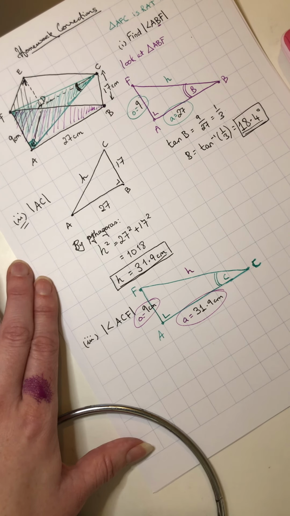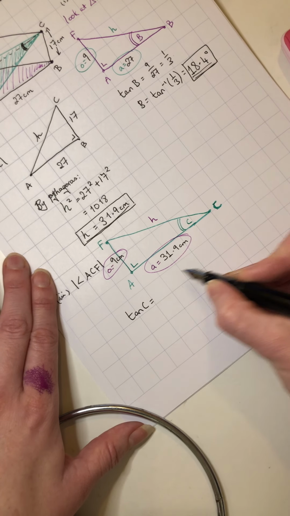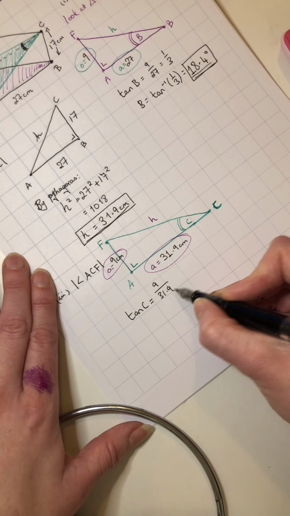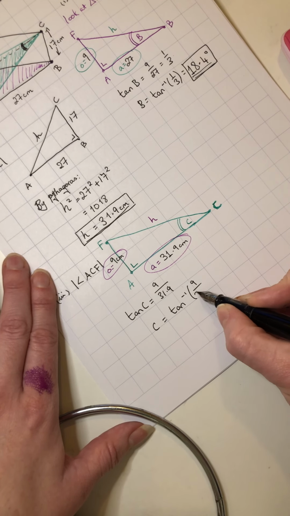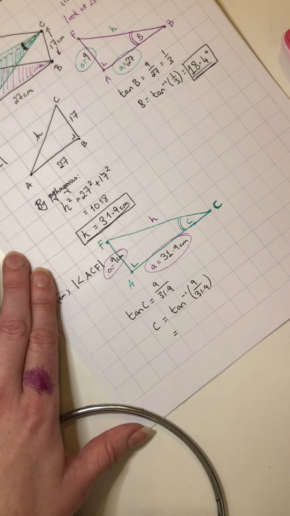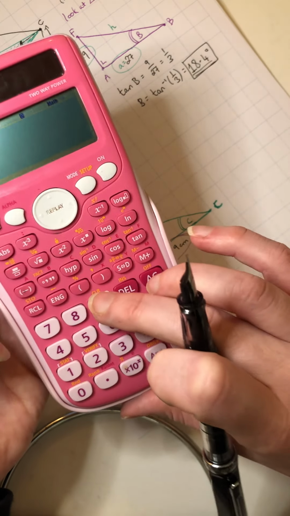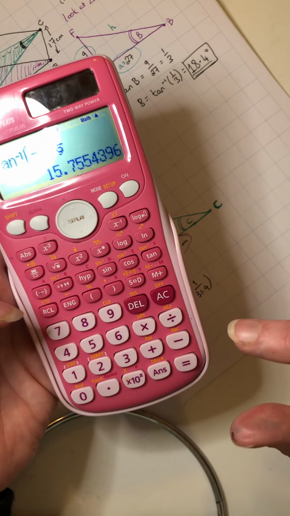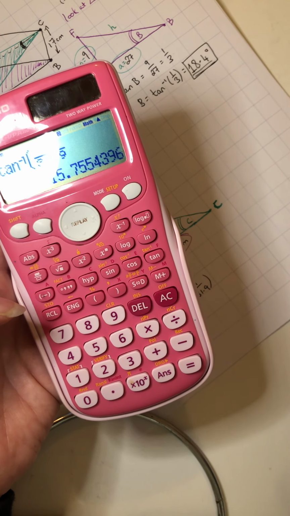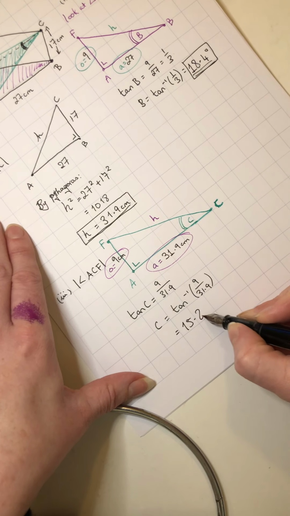The 2 sides that we have there are the opposite and the adjacent, which means that tan of my angle C is 9 over 31.9, and C is tan inverse of that, 9 over 31.9, to 1 decimal place, which gives me 15.75, 15.8 degrees. 15.8 degrees.